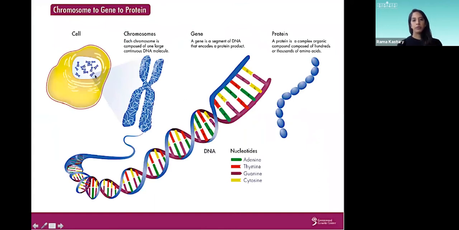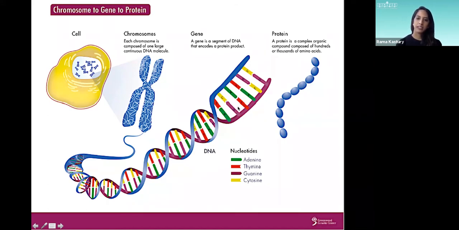So, this is a nice little zoomed in view of a chromosome. A chromosome is basically a string of letters of DNA that are tightly wound up to make this rod-like structure. If you unwind this chromosome, this demonstrates a nice zoomed in view of our DNA.